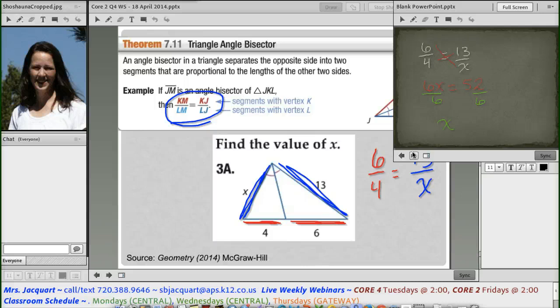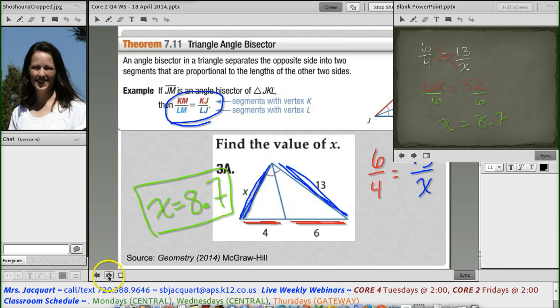And then x equals, I don't know how to pull out a cool calculator, 52 divided by 6 equals 8.7. Good enough. Super cool.